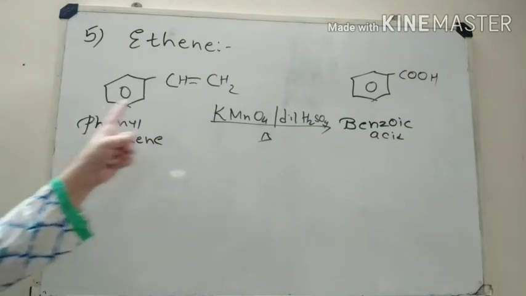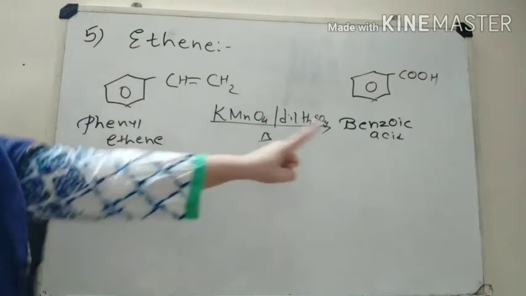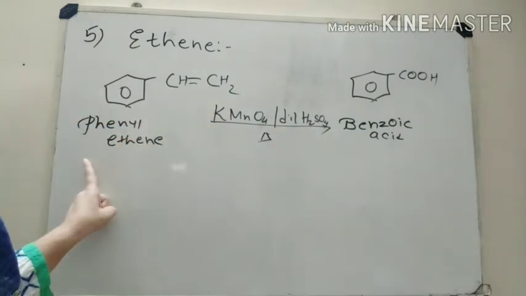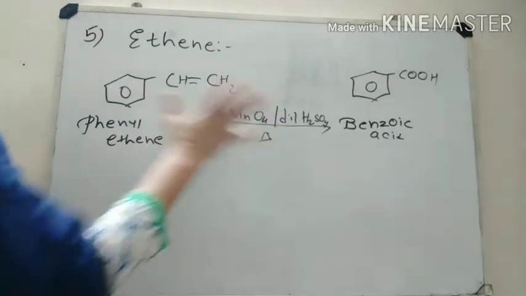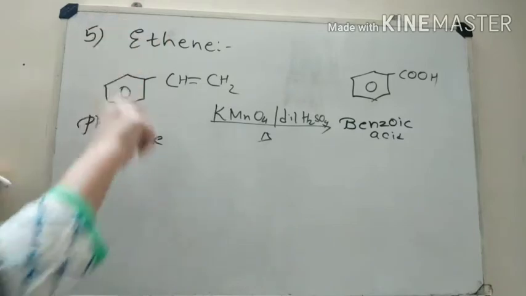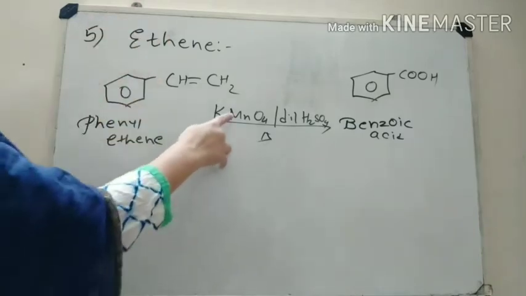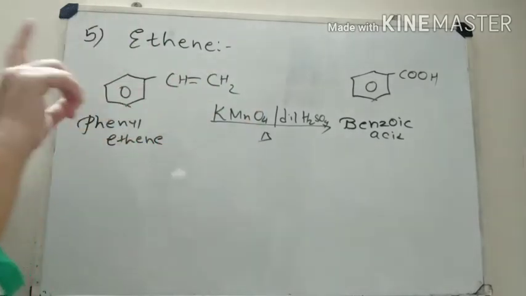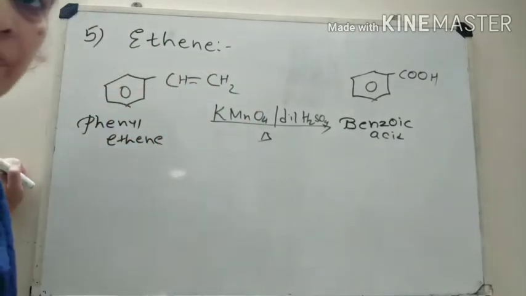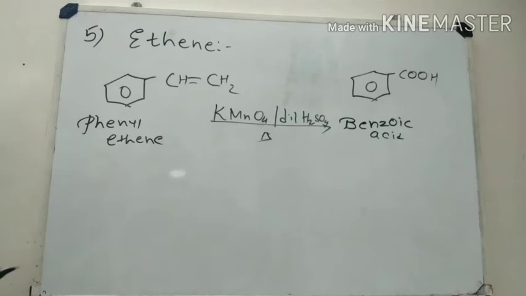So this is the reaction to prepare benzoic acid from phenylethene. Nothing to add, only writing on the arrow is compulsory: KMnO4 oxidation, which supplies the oxygen, in the presence of dilute H2SO4, and the heating sign is there.